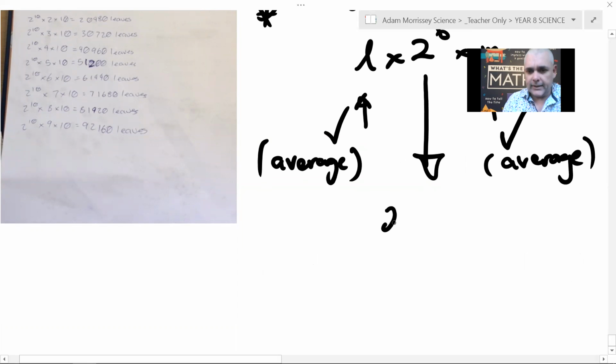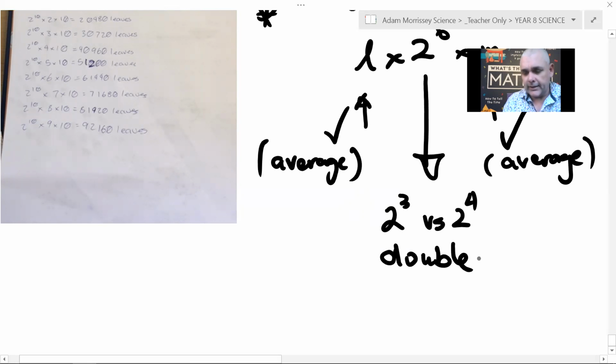If they choose, say, it branches 3 times versus branching 4 times, well, because this is a binary thing and it's doubling, this will double every time we increase the power. And if we're wrong on this one, we could be 50% out on our answer. So this part of our mathematical model becomes a critical thing to get right.